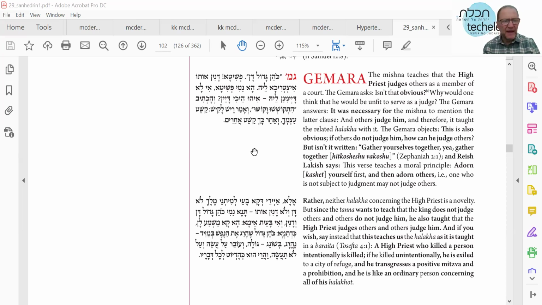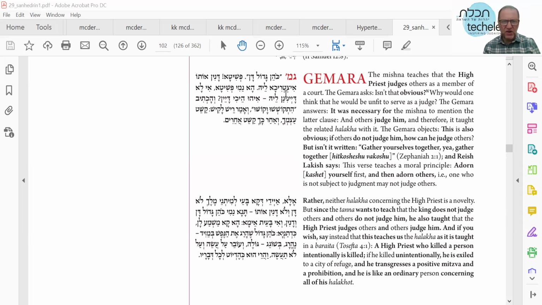Here we go. The Gemarah says like this: Kohen Gadol Dan. That's quoting the Mishnah. As you know, the Gemarah is now going to drill down into the Mishnah and see exactly what it means and ask various questions about it.